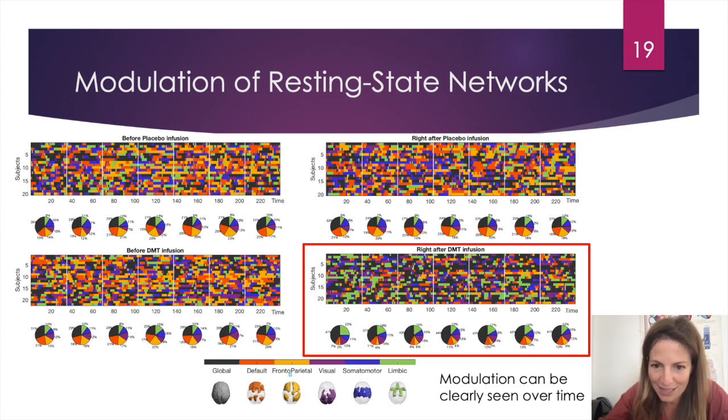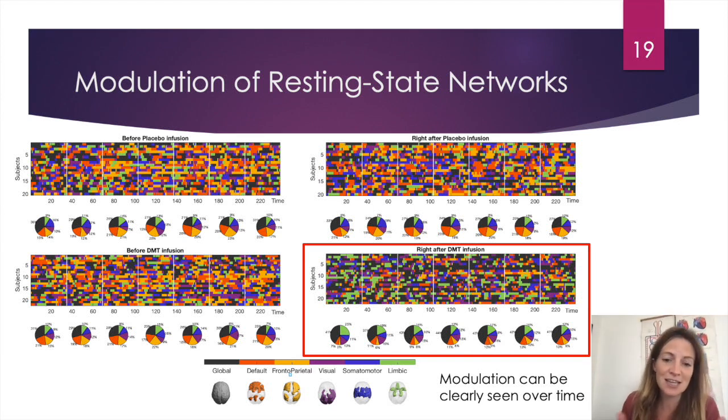So these white lines define different minutes, and in the first minute we clearly see there is much more green, indicative of the occurrence of the limbic system, and much less orange and yellow as we would find in the other patterns. So below is, for each minute, a pie plot indicating the probability of detection across all the subjects in that first minute, the probability of each of the patterns.